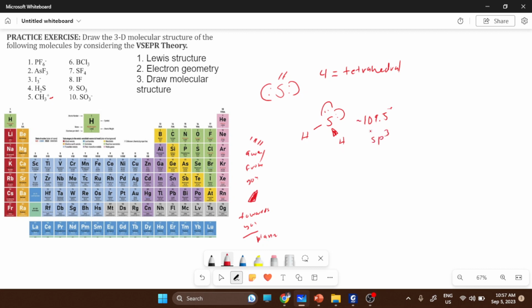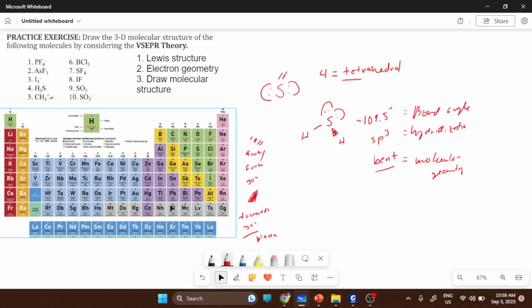Hybridization is sp3 because the central atom contains 4 bonding domains. And the molecular geometry is bent. Okay, molecular geometry is bent. And the electron geometry is tetrahedral. Okay, so sulat ko lang, molecular geometry. This one is hybridization. And then this one is 109.5, that is the bond angle. So, that's it.